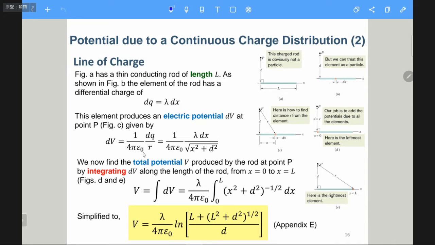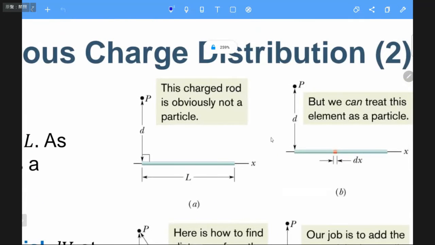And here we will calculate the electric potential generated at point P due to this rod. We have a charged rod of length L with some charges, and it will of course generate some E field and also electric potential in the space.